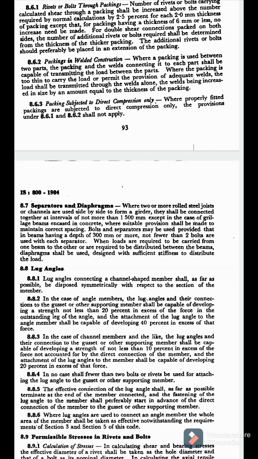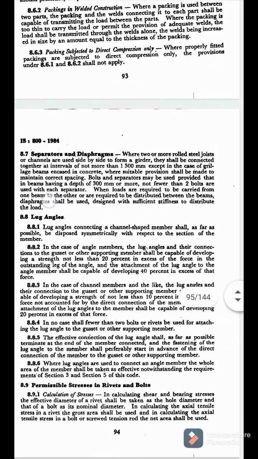They shall be connected together at intervals of not more than 1500 mm, except in the case of grillage beams encased in concrete. Normally the separator is used at every 1.5 meters.